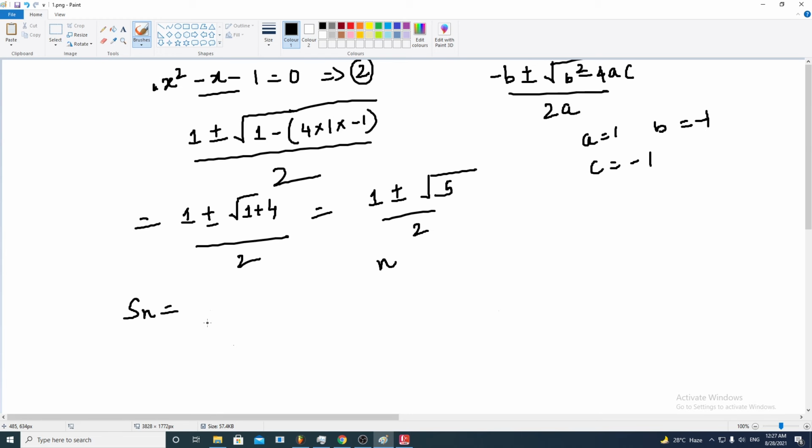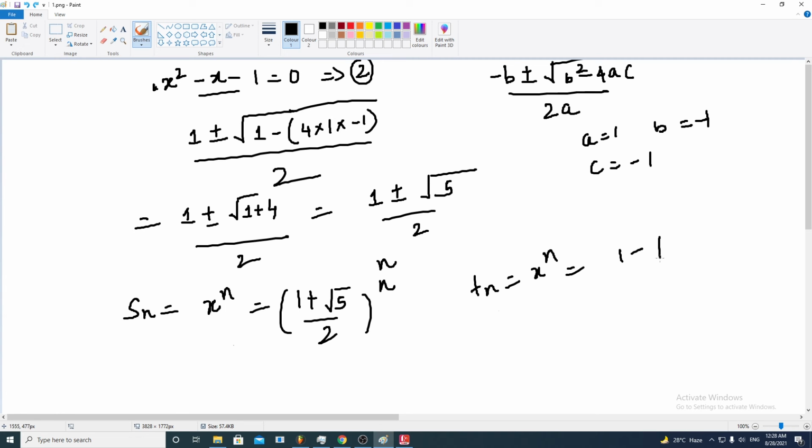We have S of n equals x raised to n in this case, that is 1 plus root 5 divided by 2, the whole raised to n, as we had discussed in the previous video. And we also have t of n, that is putting the root in that equation, 1 minus root 5 divided by 2, the whole raised to n.